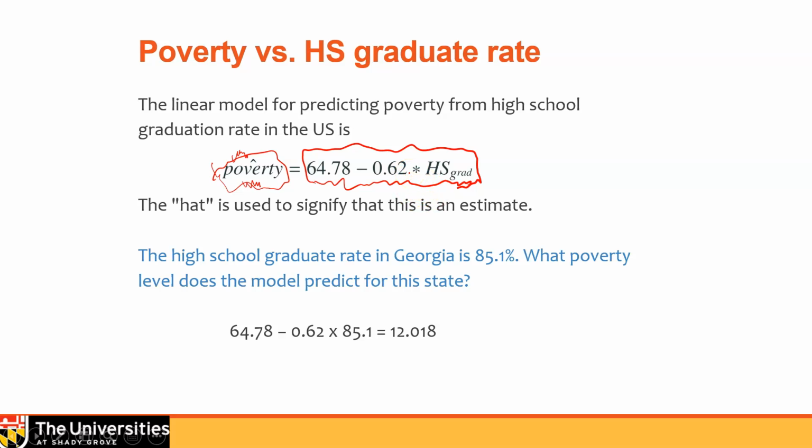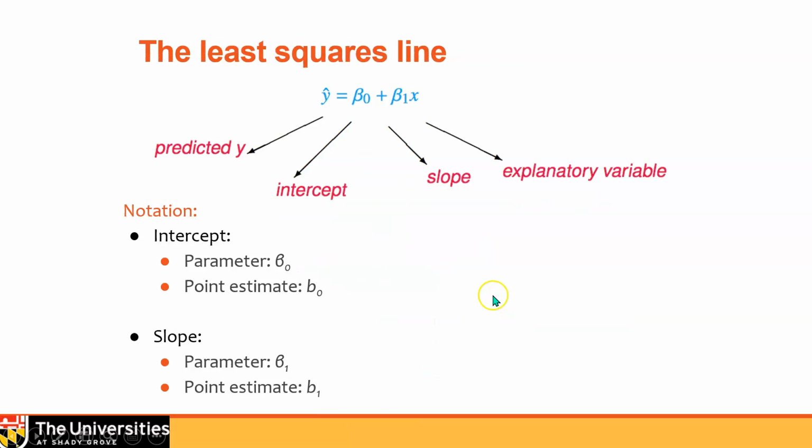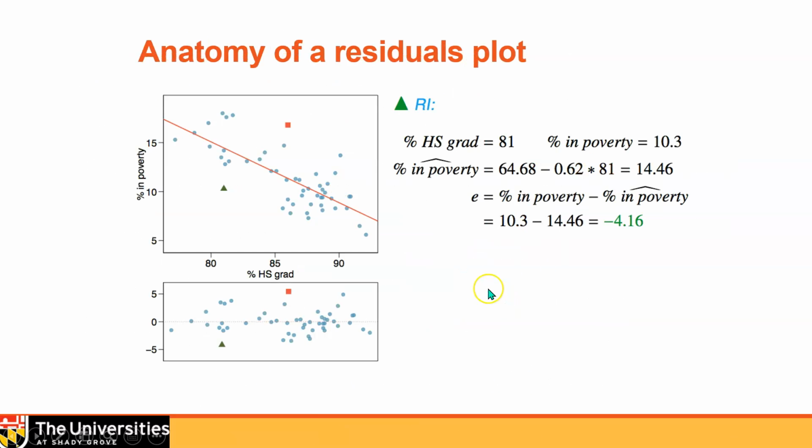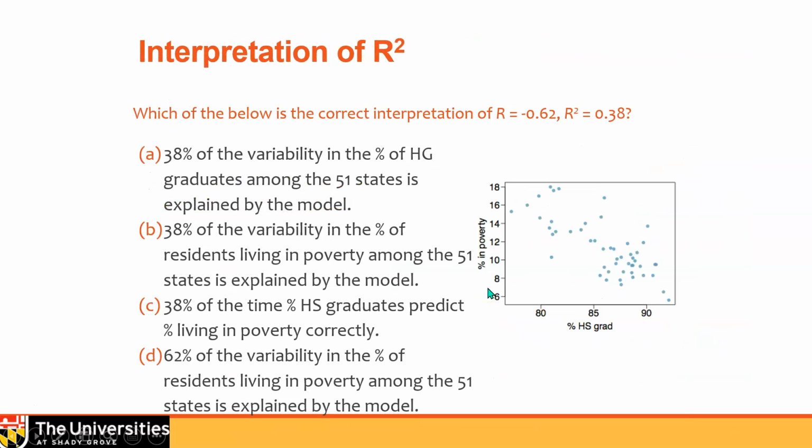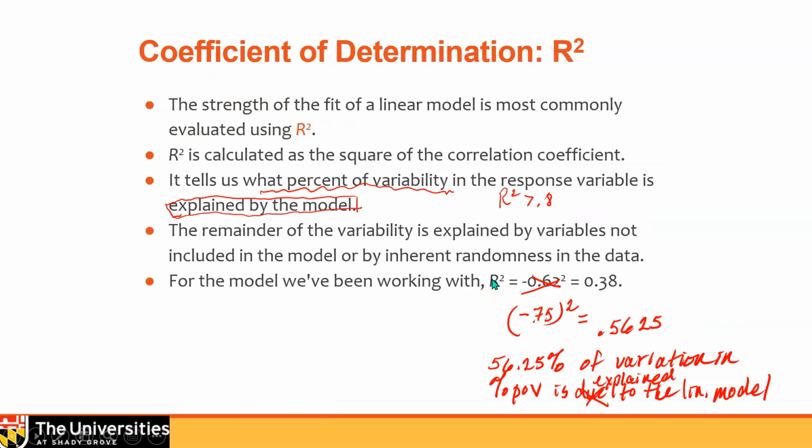That means that there's another 44% or so that's not explained by this relationship. There are other things that affect the variability. So that R squared gives us a sense of how good a fit that model is. 0.56 is moderate, it's not great.